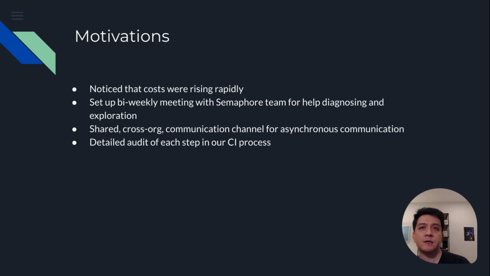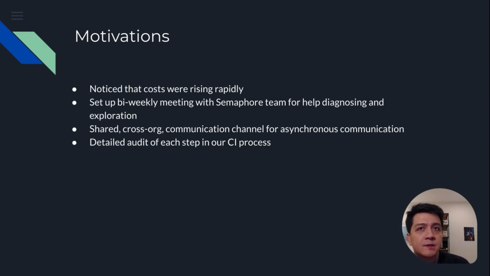So we scheduled a bi-weekly meeting with Semaphore and their team to help diagnose and explore potential solutions. We also started a cross-org communication channel on Slack so that we could communicate across time zones. This has proved pretty helpful for us for ad hoc questions that may pop up.